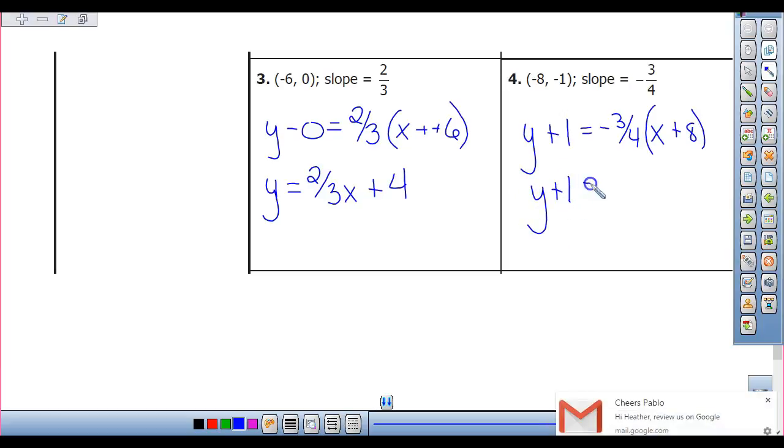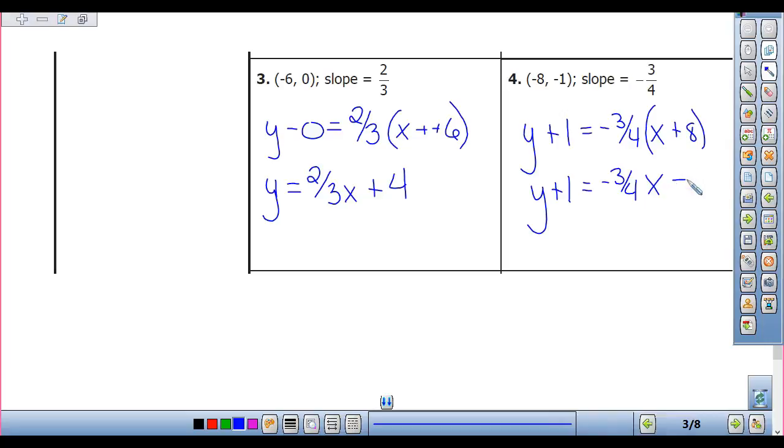So y plus 1 equals negative 3/4 x minus, what's 3/4 of 8? 6. And then we subtract our 1. y equals negative 3/4 x minus 7.